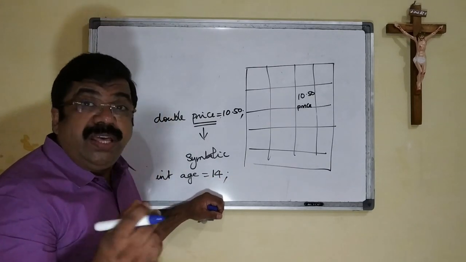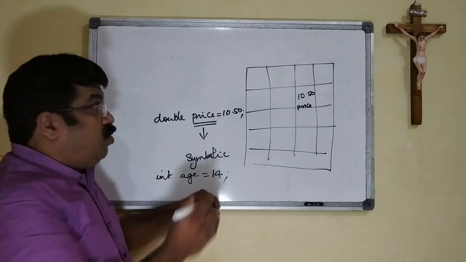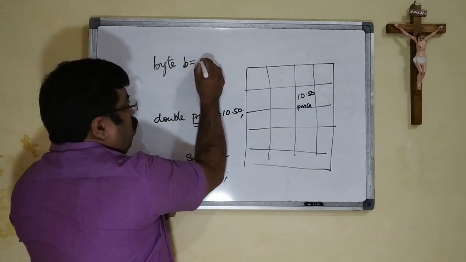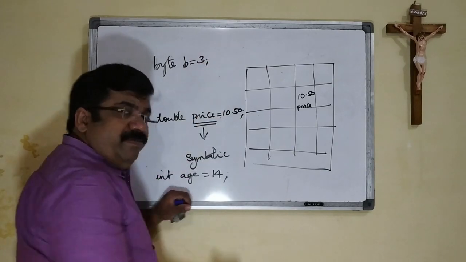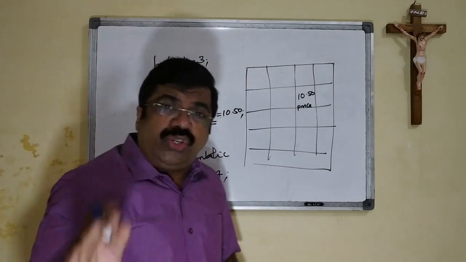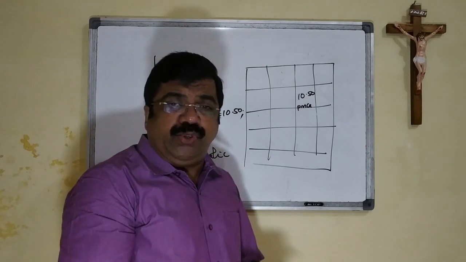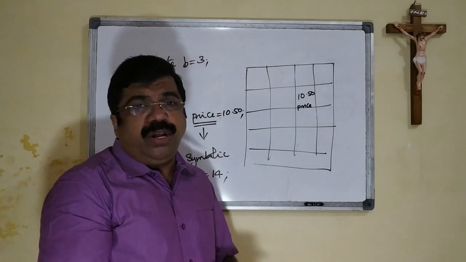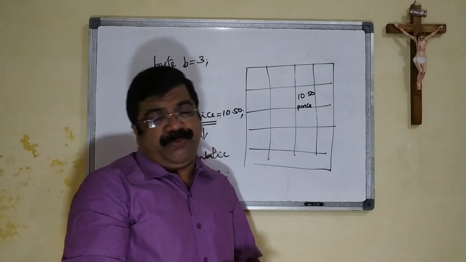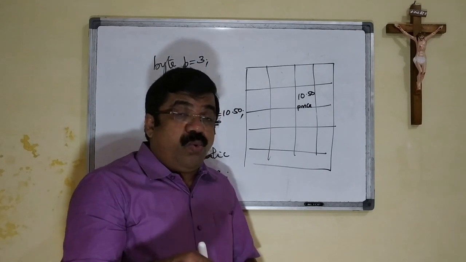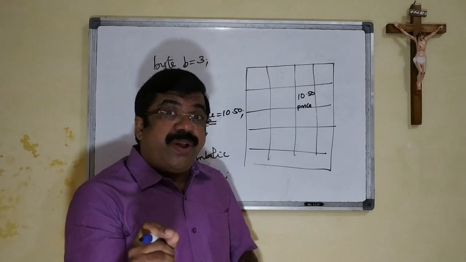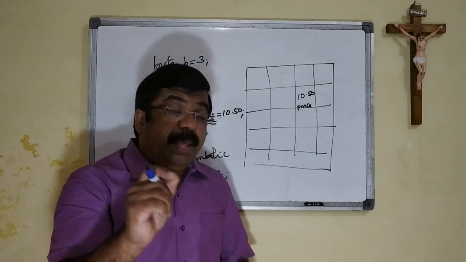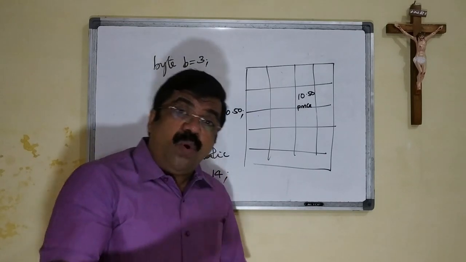Suppose you want a very small range of values, then we can have byte b is equal to 3. So among those 8 primitive data types, we can use any one to store the value. And what kind of data type we require depends on the value we have to store.